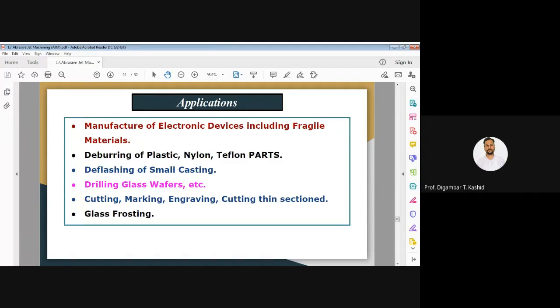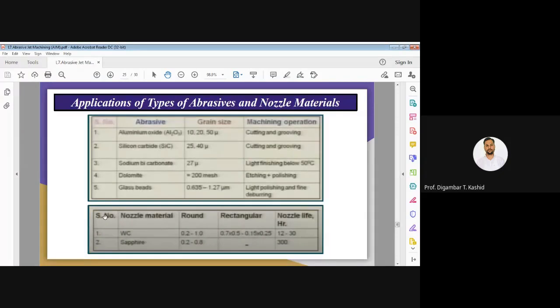Now we'll move on to the applications of different types of abrasives and nozzle materials. The basic question that may arise is: what are the types of abrasives, what should be the grain size, and for what machining operation which abrasive should we use?